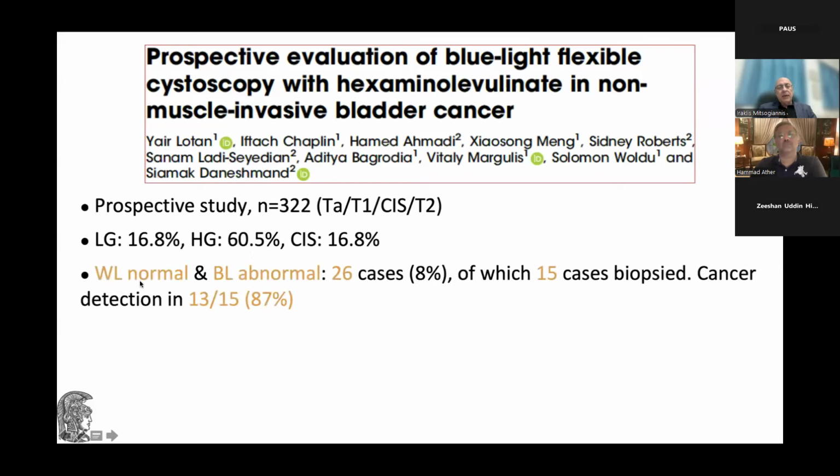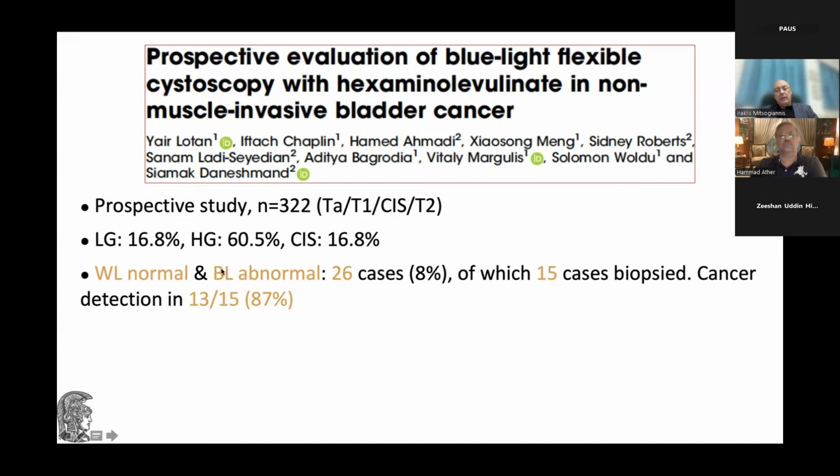In patients who had a normal white light cystoscopy and an abnormal blue light cystoscopy, there were 26 cases of this, 80%. Of these 26 cases with abnormal blue light cystoscopy, 15 cases were biopsied, and the detection rate was 87%, as expected.